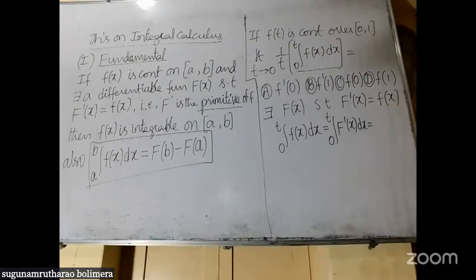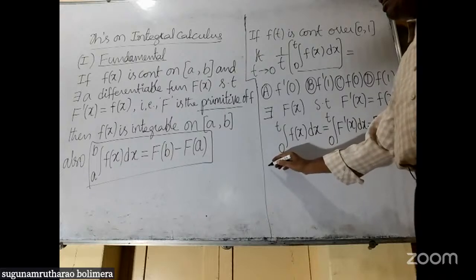Derivative and integration cancel: capital F of t minus capital F of 0.